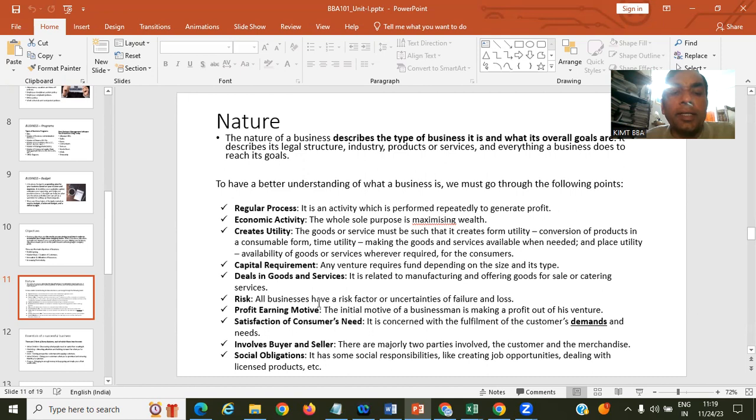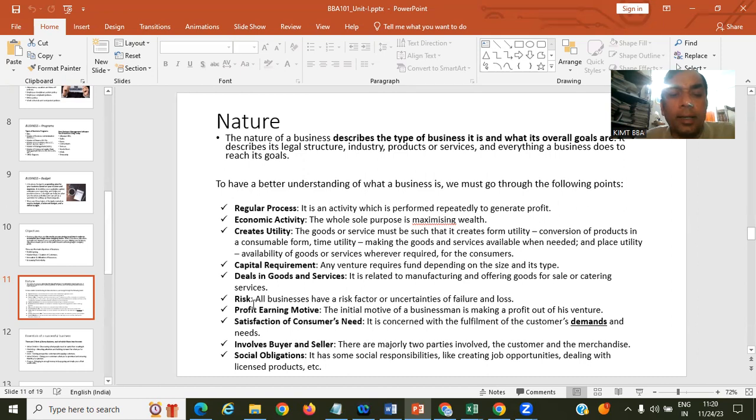Whether you are generating money from your own, from a loan, or from shareholders, that is a different thing, but you need capital. Deals in goods and services. It relates to manufacturing and offering goods and services.